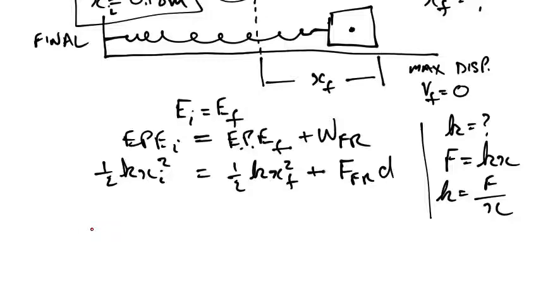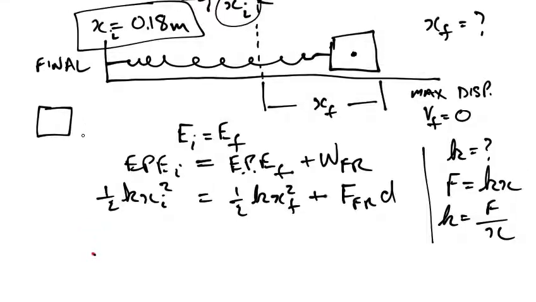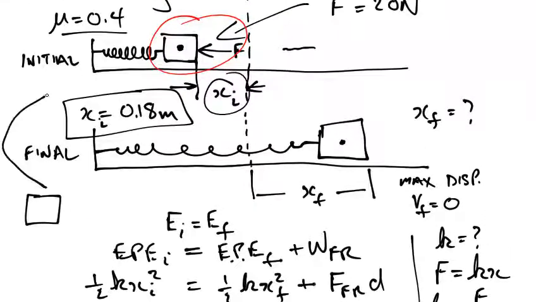If we look at the free body diagram of this situation here, we've got the 20 newton force applied this way, and we've got the force of the spring going in the other direction.